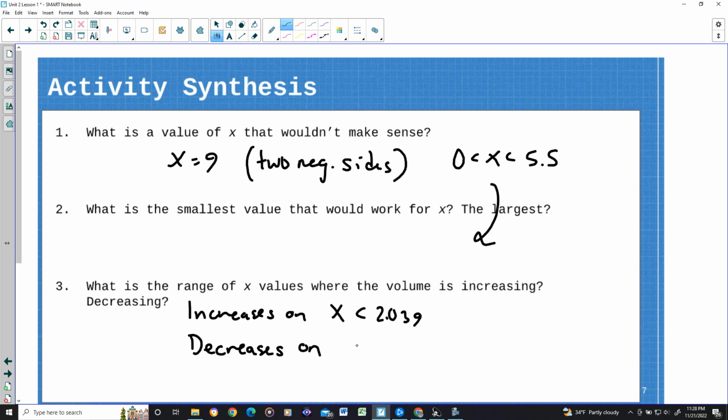So it decreases on 2.039 less than x, which is less than about 6.295. In that area, it's going to decrease. But if x is less than 2.039 or x is greater than 6.295, the function is going to increase. What about exactly at those points? It's doing neither. It's flat.